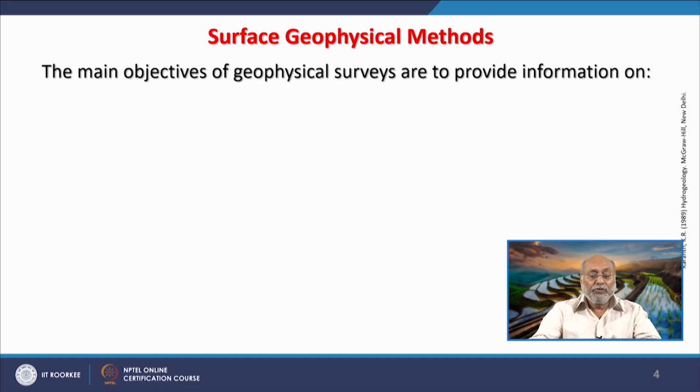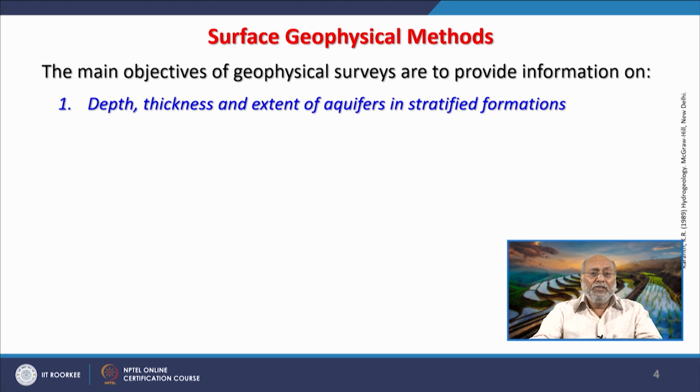Now, as we have briefly understood, the main prime objectives of geophysical surveys are to provide information on depth, thickness, extent of aquifers in a stratified formation. When we say stratified formation, it does not mean that we are only talking about sedimentary rocks.